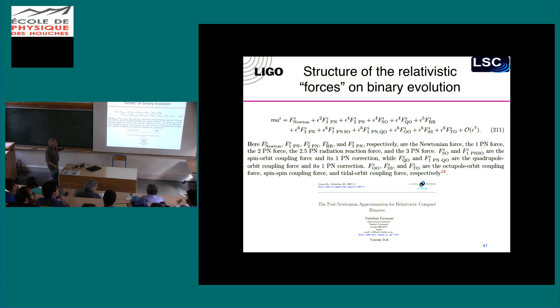There's a term in here, I'm not even sure which one it is, which is the tail term. At this point, I'm going to close my mouth and ask Tom to tell us what the tail term is. It's the most difficult part. Well, it's hard to calculate, but also it depends on the entire past history of the evolution of the binary.